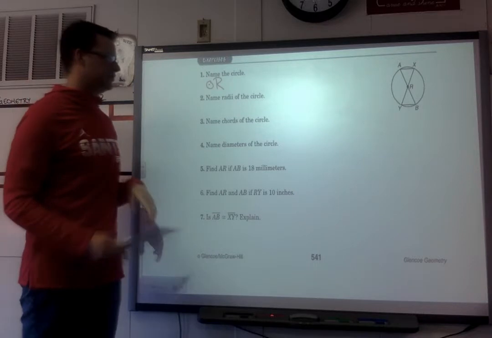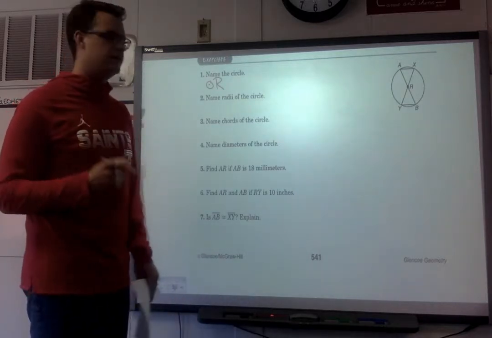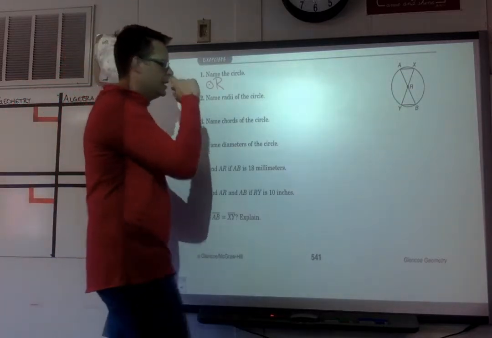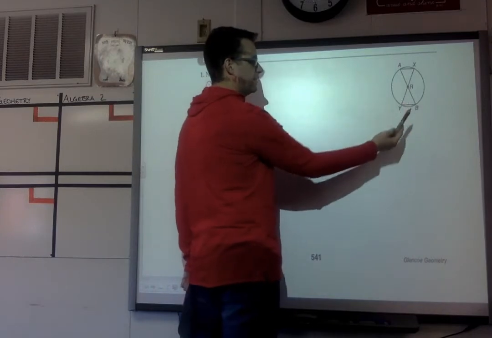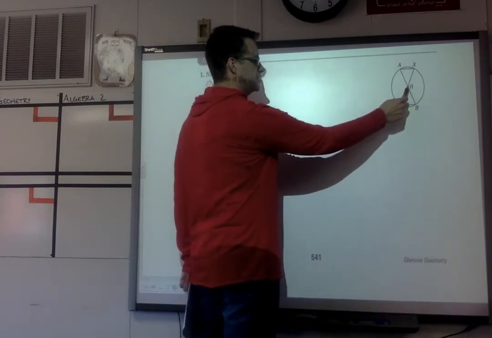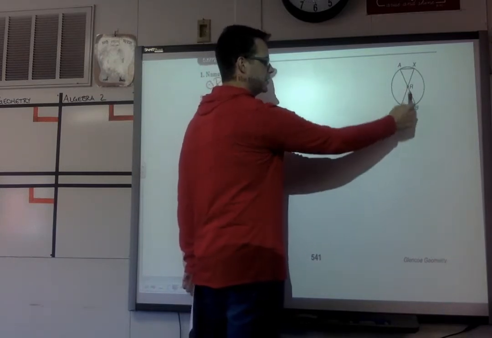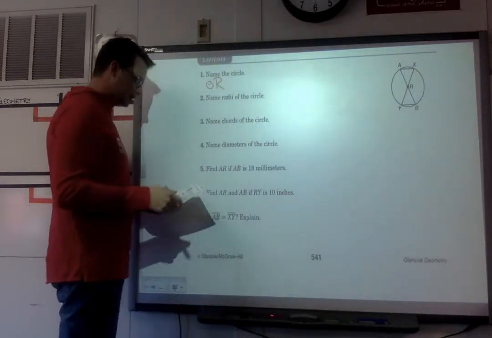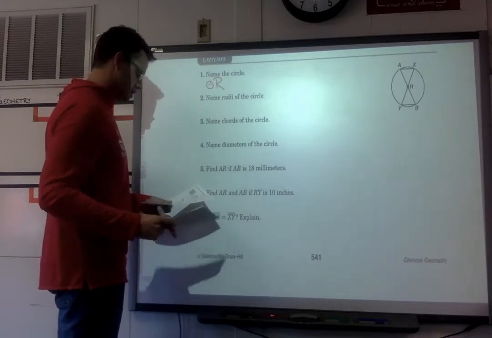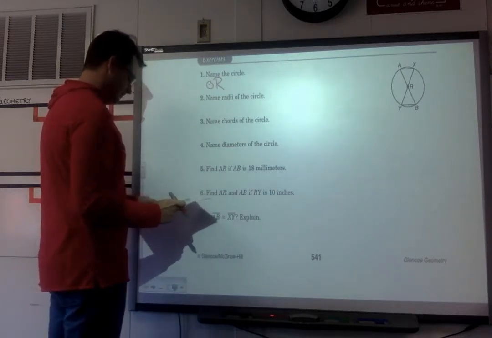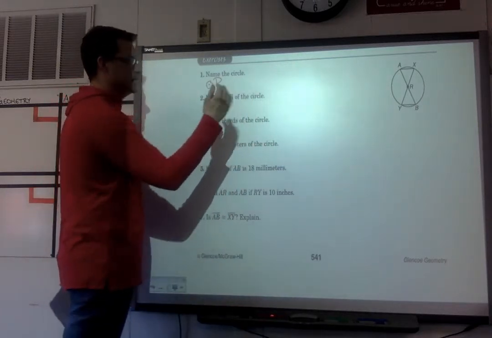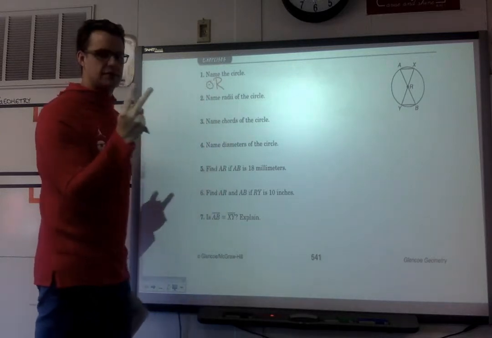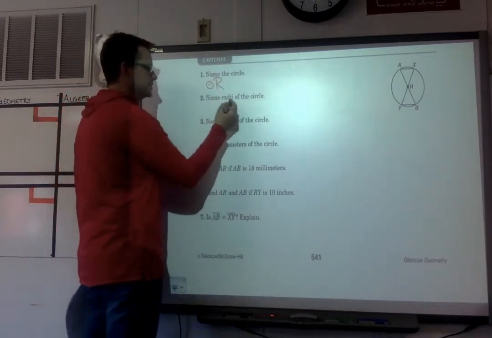Naming the radii of the circle. We want to name every radius in this circle. The radius goes from the center to the outside of the circle, so there's 4 of those in this circle. Since it's a segment, it's going to be named by the 2 points that make up the segment.